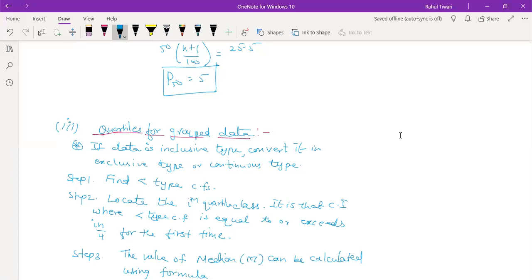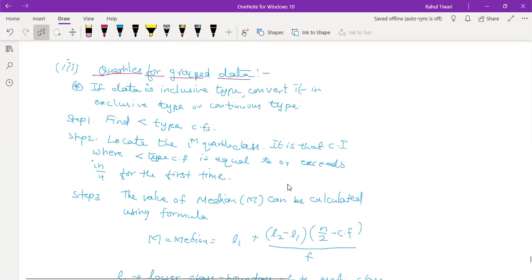And then, instead of median, it is going to be quartile, values of ith quartiles, where i takes values 1, 2, 3. All are same.